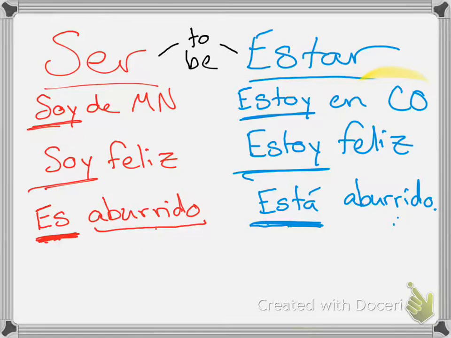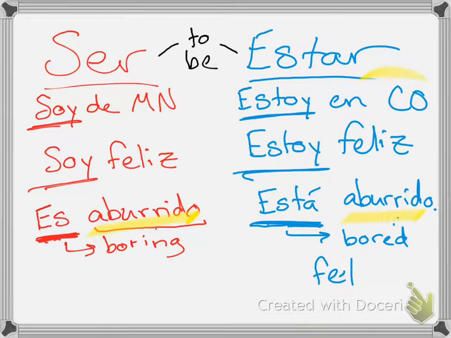Okay? So this person isn't feeling bored. This person is boring. Okay? Because bored isn't a characteristic. Bored is the feeling. However, here, if it's a characteristic, it would be boring because I'm using it with es. Okay? Whereas here, I'm using it with está, so I'm talking about a feeling. So this would be bored. All right? So once again, this would be the feeling.